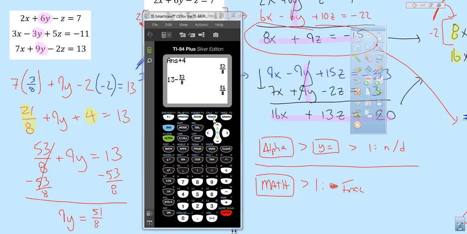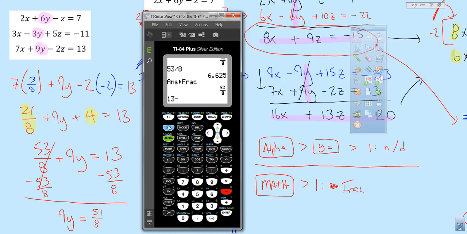Now, I need to kind of fudge here a little bit, so let me get that answer back. If you had a TI-83, let's do 53 divided by 8. Let's change it back to a fraction. If you didn't have a TI-84 and you were trying to do this, you would say 13 minus, and then right by the negative sign it says Answer.